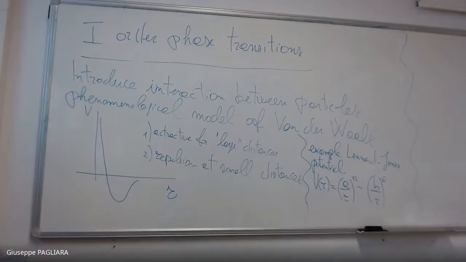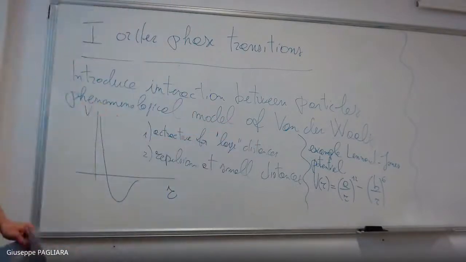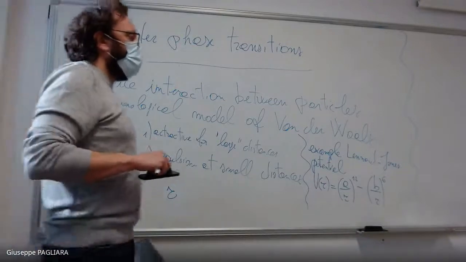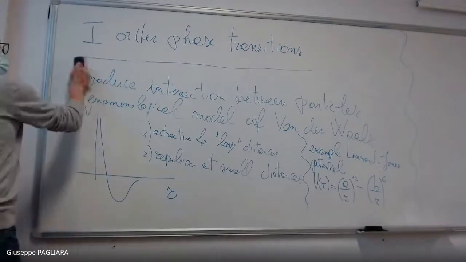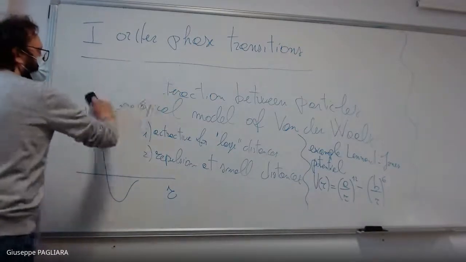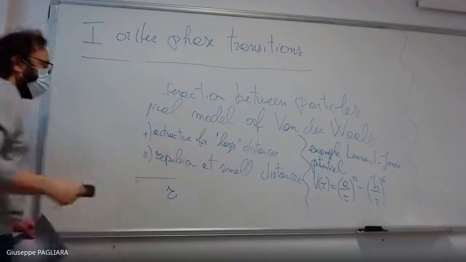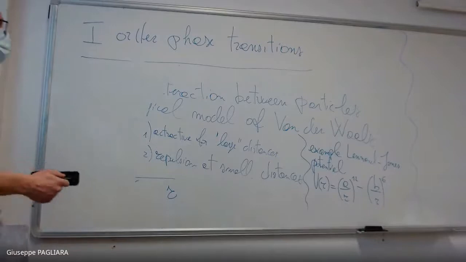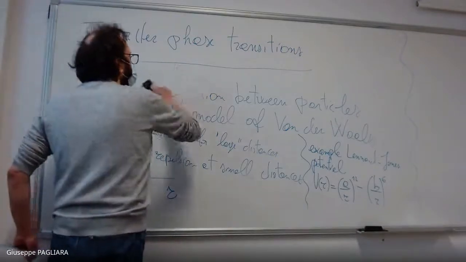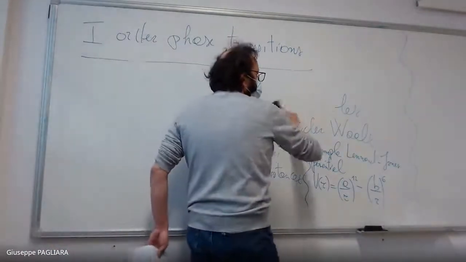We will actually see much later that there is a way to introduce interaction, at least the first order correction to just the kinetic terms, in what is called the virial expansion. But at the moment we are following a much easier procedure, in which we assume those two main features of the interaction potential, but we model them in a very simple way. That actually is not our idea, but the idea of van der Waals.